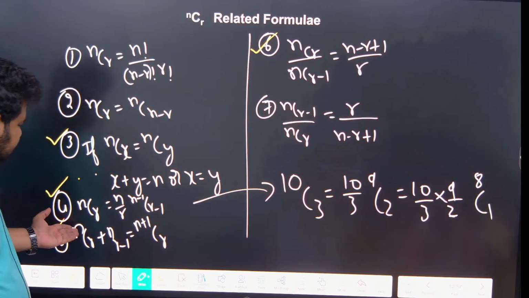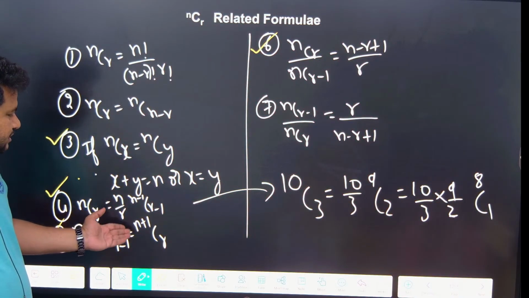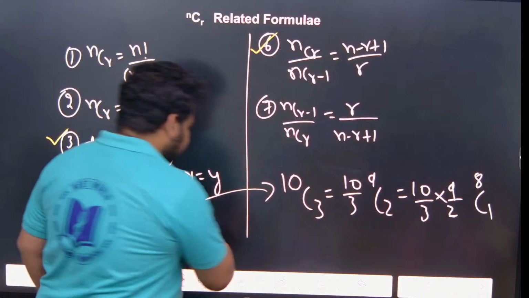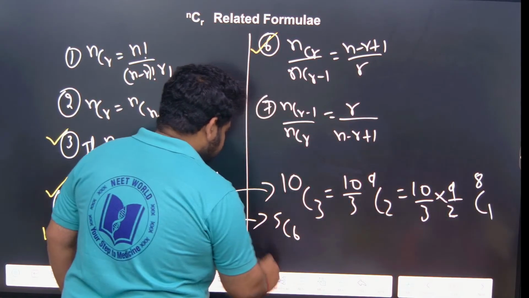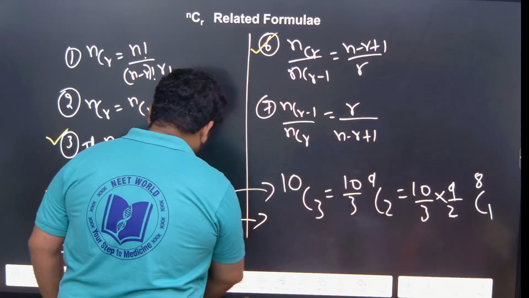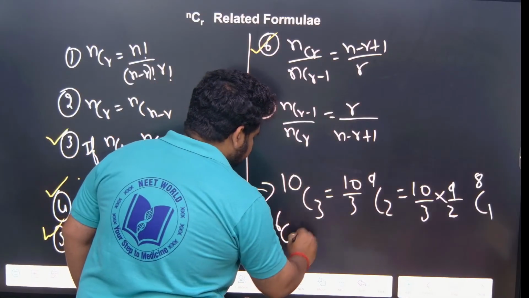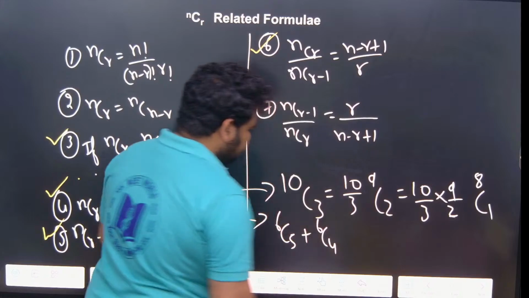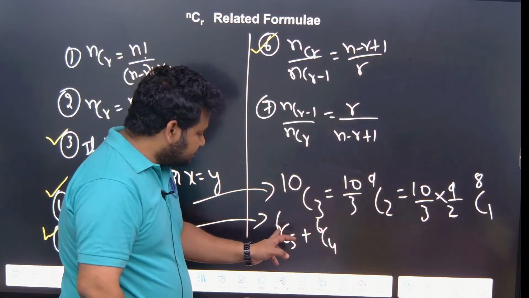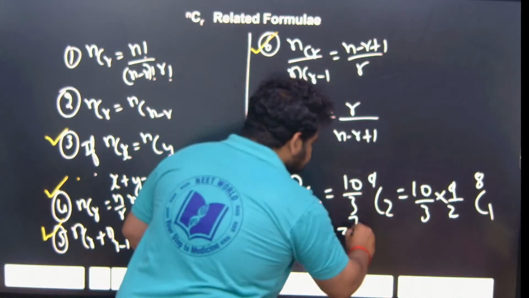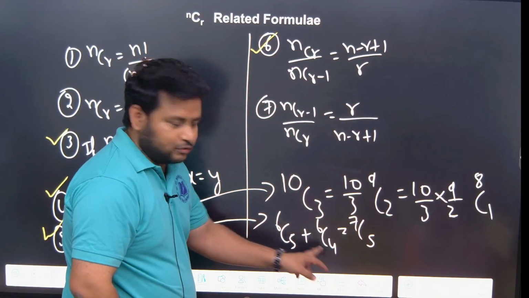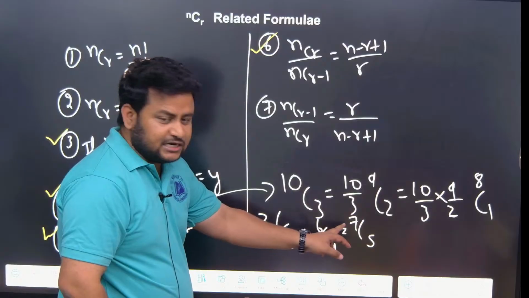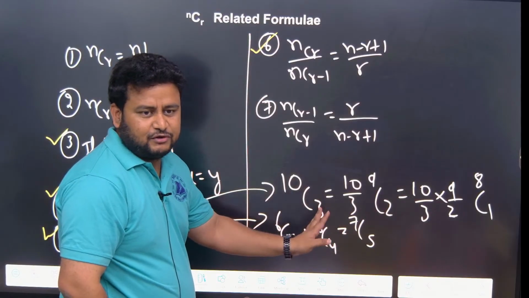Now look at this: nCr plus nC(r minus 1) is equal to (n plus 1)Cr. For this, take an example: 6C5 plus 6C4 will become 7C5. The value of r is 5, r minus 1 is 4. So 6C5 plus 6C4 you can write as 7C5. That is how you have to remember.